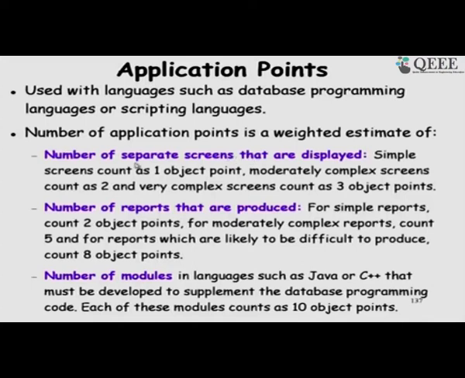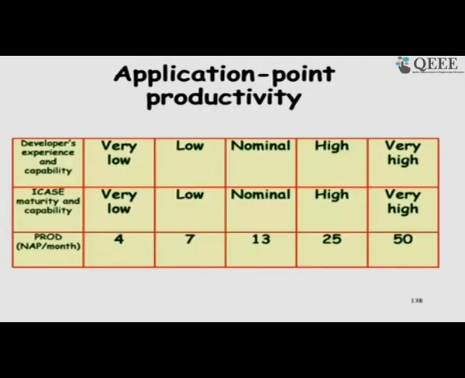Here we consider the number of screens, number of reports that are produced and the number of modules. So, here to come up with the rough estimate of the manpower requirement, cost and so on using the application composition model, we consider the maturity of the organization in terms of tool usage and experience and the capability and the productivity. So, if it is very low, then we are going to take large effort.